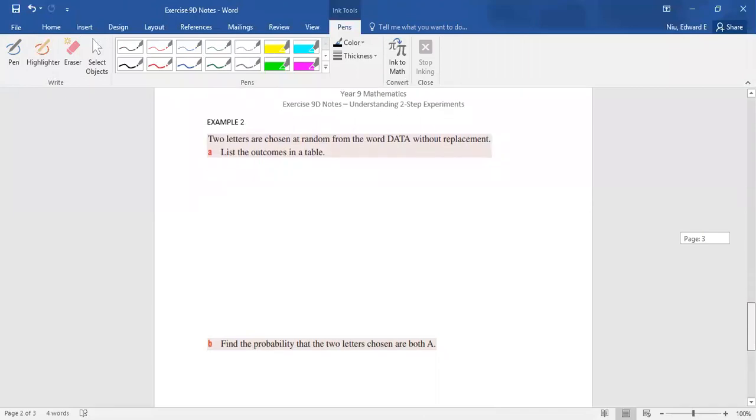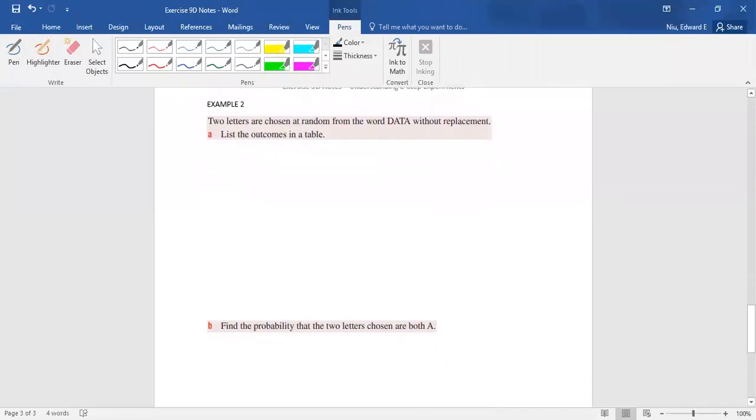Here we've got the word data. All right, so 2 letters are chosen at random.